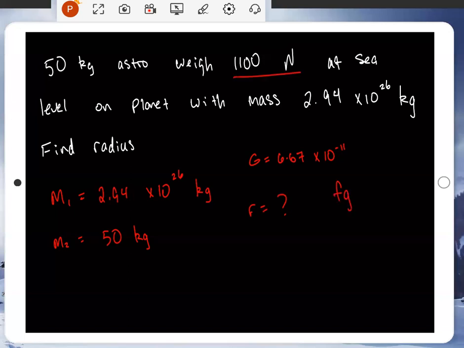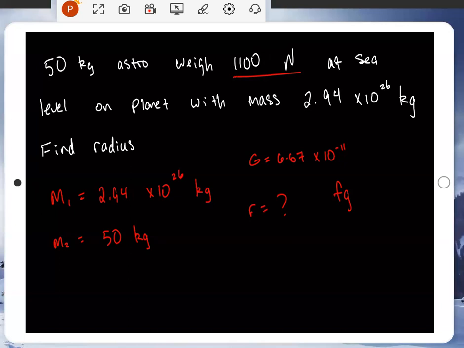The reason is because they're standing on the planet, and that's the weight. And so we actually need to find the gravitational acceleration.